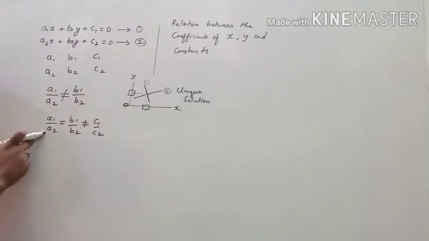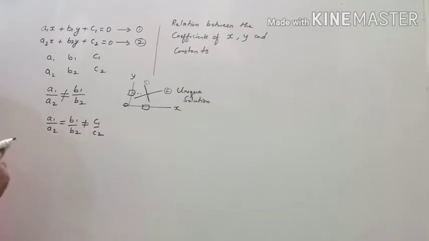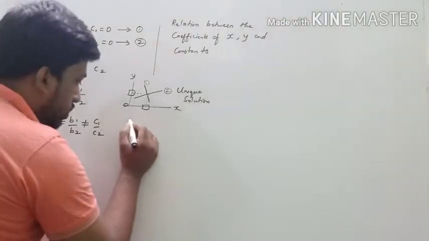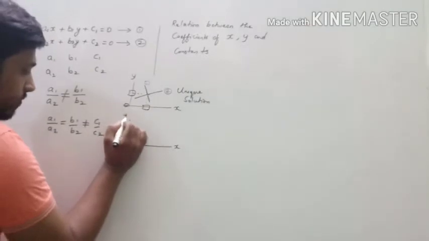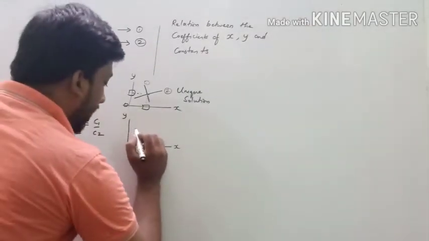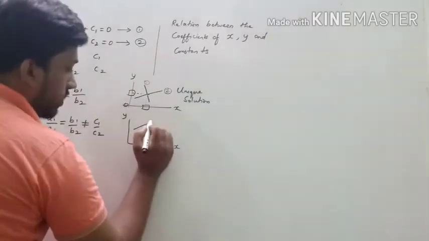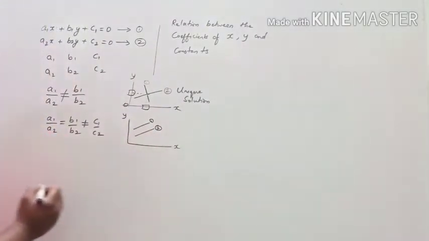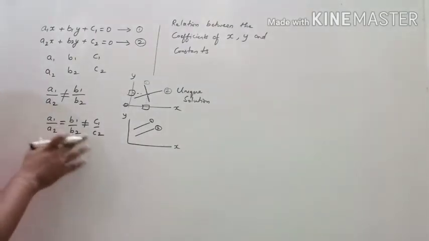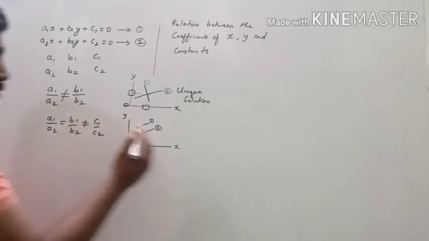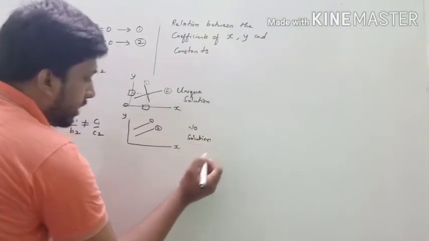In this case, in the coordinate system with x and y, we are going to get parallel lines. If this is equation 1 and this is equation 2, we'll be getting parallel lines. Whenever we get parallel lines, there is no solution. The lines are not touching, right?